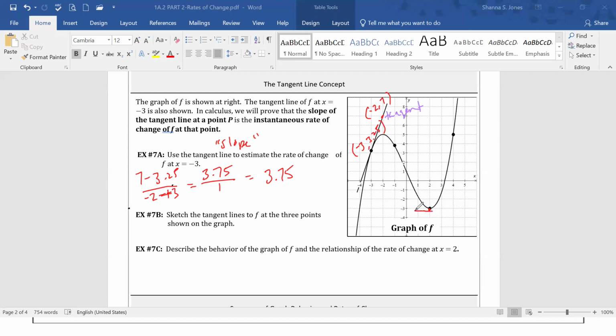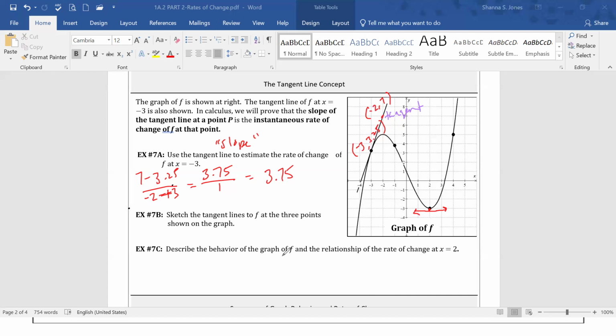What kind of line is that going to create? A horizontal line. And what is the slope of a horizontal line? It's 0. Okay, undefined is vertical, right? Horizontal is 0, and it's y equals a value, right? Does that make sense?